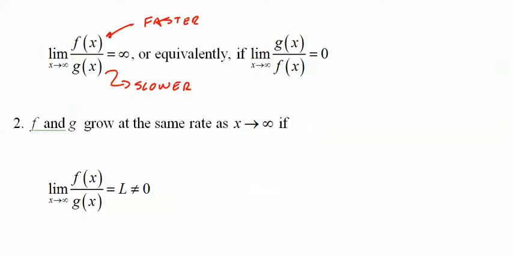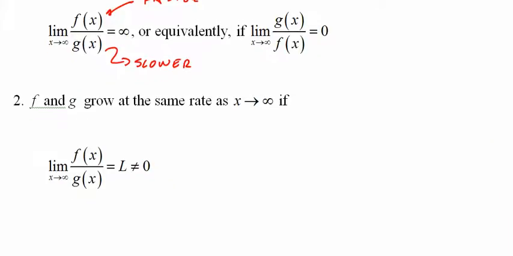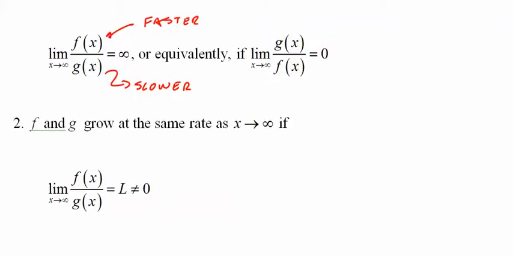If you just literally flip them, you would get the infinity. So, pardon me, I had it backwards. If f grows faster than g, you get infinity. If you flip them, you would get 0. So you can do it either way. There's advantages to doing one over the other.